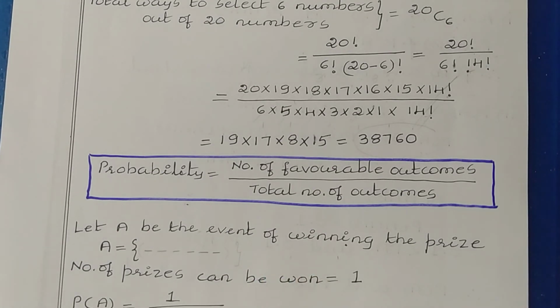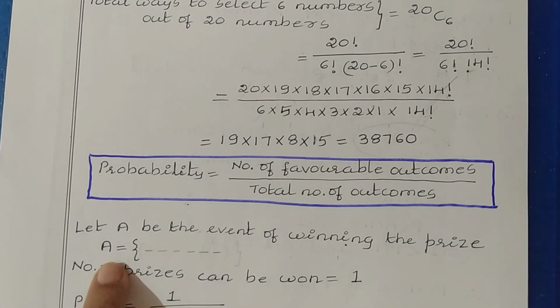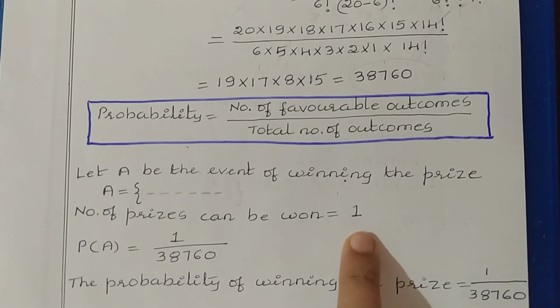The possible outcome is only 1, because the number of prizes that can be won is only 1. The lottery committee picks 6 numbers, and that is the winning lottery prize number. So we can have only one particular lottery ticket with 6 numbers that may be the winning lottery ticket. So for this event we can have only one outcome.